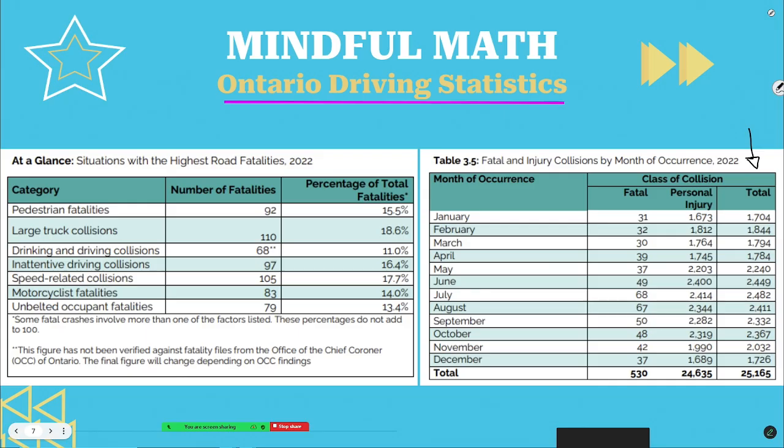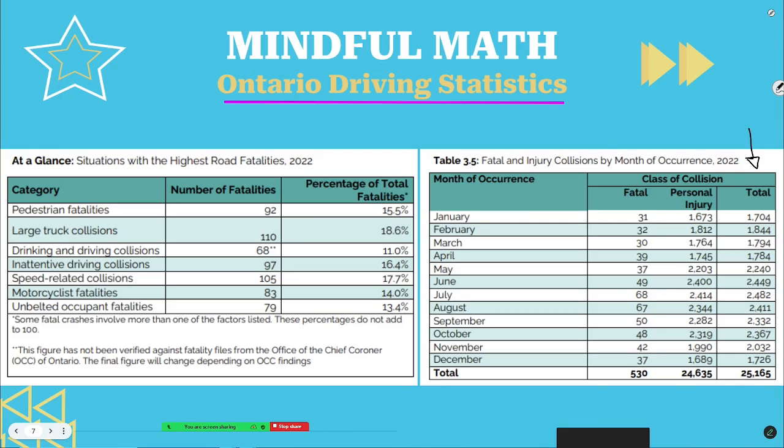Now, another reason why I'm bringing this up is because we're practicing reading tables. We practiced reading spreadsheets for interest. We practiced reading amortization tables. Being able to read tables with numbers is an important skill so that you can gain information from it.